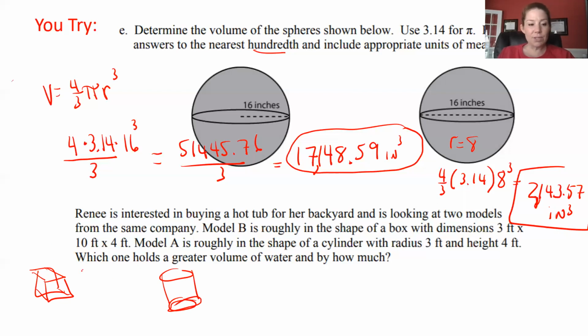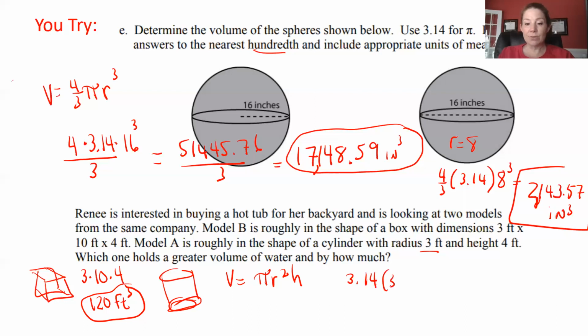So the first one, we're just multiplying 3 times 10 times 4. So that'd be 120 feet cubed. And then the second one has a radius of 3. So to find the area of the base, it's pi r squared, and then times 4. So we're going to do 3.14 times 3 squared, which is 9, and then that times 4.